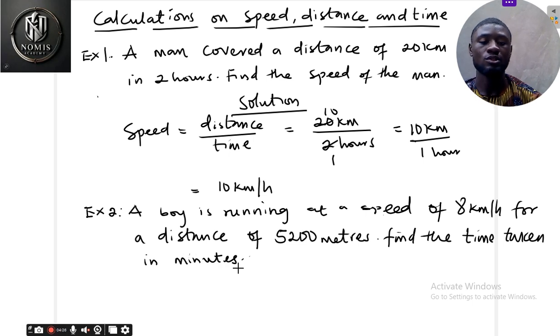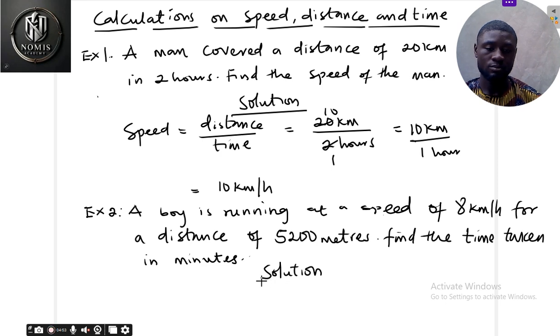Now look at this question. A boy is running at a speed of 8 kilometers per hour. So the speed of the boy is 8 kilometers per hour, and is to cover a distance of 5,200 meters. Now the question says we should find the time taken in minutes. Now let's get into the solution of this problem.